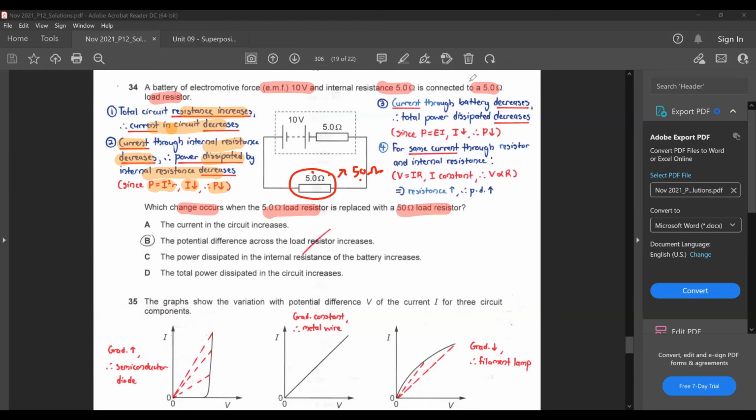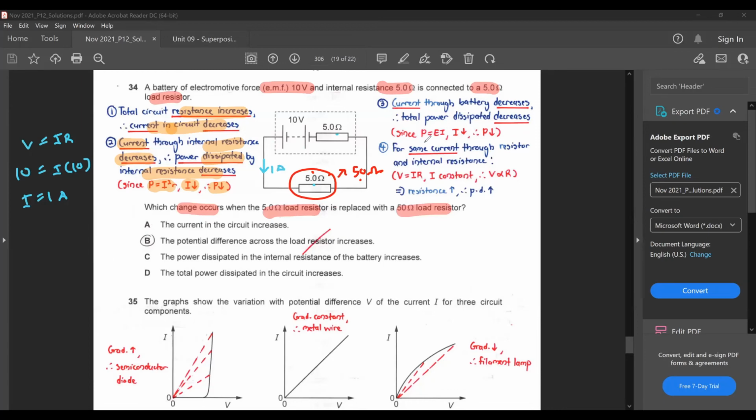Just to give you some idea of your current, you can try some simple calculation here. If I use V equals to IR, it is 10 equals to I times 10. The total resistance was 5 plus 5, giving you 10 ohm. So your I was 1 ampere. Originally it was 1 ampere.